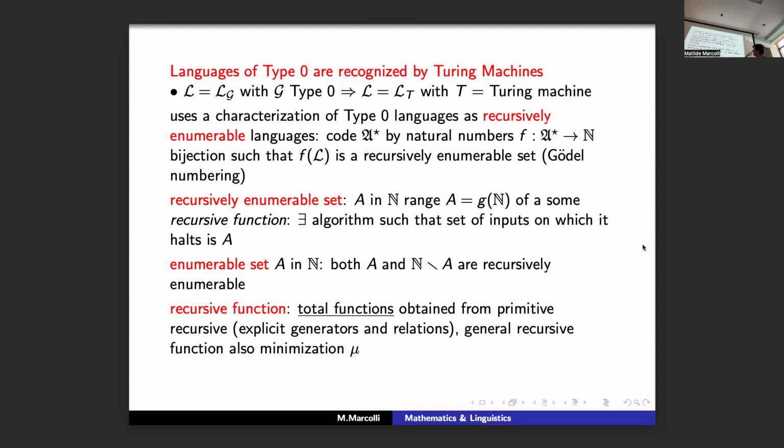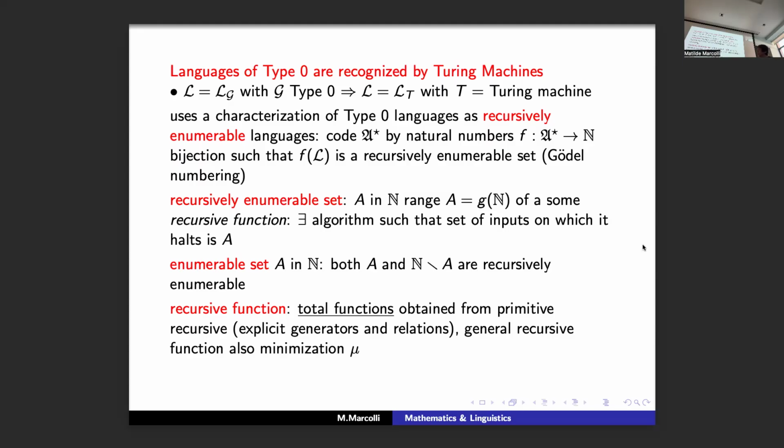This means that you have a certain mapping of your set of words in the alphabet of the language to the natural numbers, a kind of Gödel numbering, so that the image of the subset of all the words in this alphabet that constitutes the language is a recursively enumerable set.